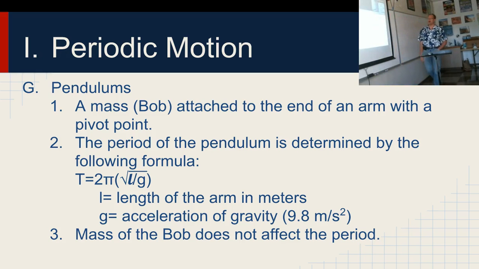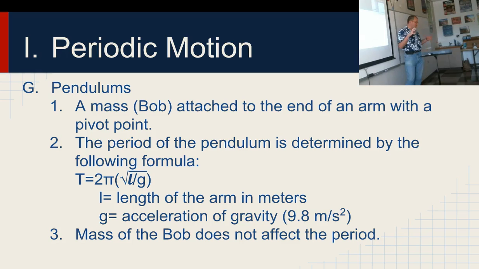Okay, and so the length of the arm, L, there is how long the bob is from the pivot point, and then 2 pi never changes and g never changes. So really, the only thing that controls how long it takes a pendulum to swing back and forth is the length of its arm.